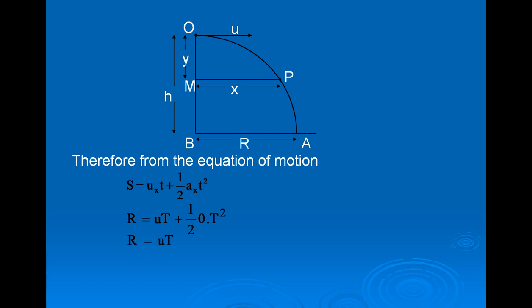So we get capital R is equal to u into capital T. Putting the value of capital T from equation number 4, we get capital R is equal to u into square root of 2h upon g. Call this equation number 5. This is the formula for the horizontal range of a horizontal projectile.